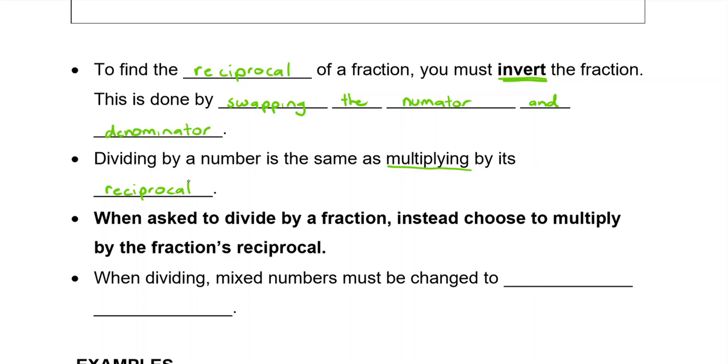So as long as we can find what the reciprocal is, we're really going to just do multiplying, which is what we did all last week. It's only going to be one little new step that we have to do, and then we're going to be multiplying. All right, in bold letters it says here, when asked to divide by a fraction, instead choose to multiply by the fraction's reciprocal, which is what I was just saying.